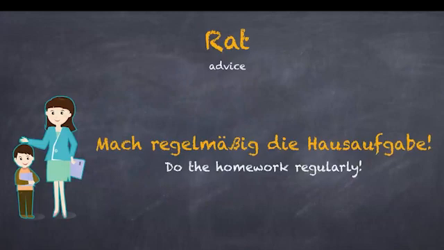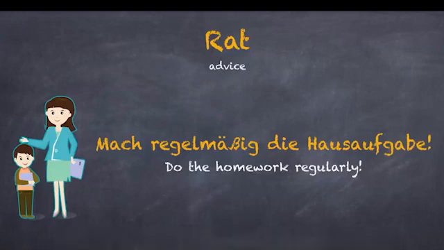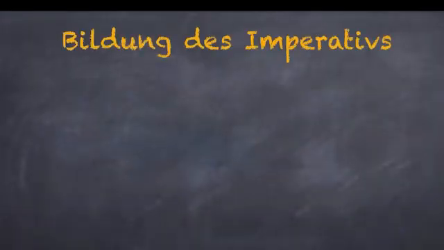Mach regelmäßig die Hausaufgabe. You can make this more polite by adding bitte to the sentence. Mach bitte regelmäßig die Hausaufgabe. Great! So these were a few cases where you use imperative.